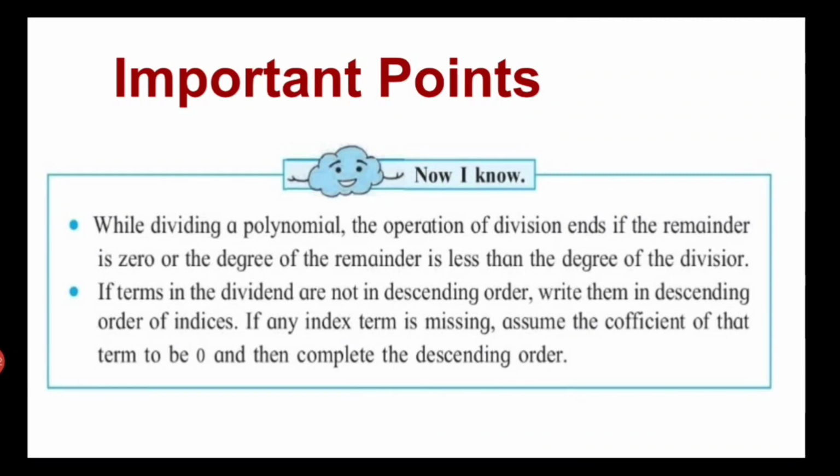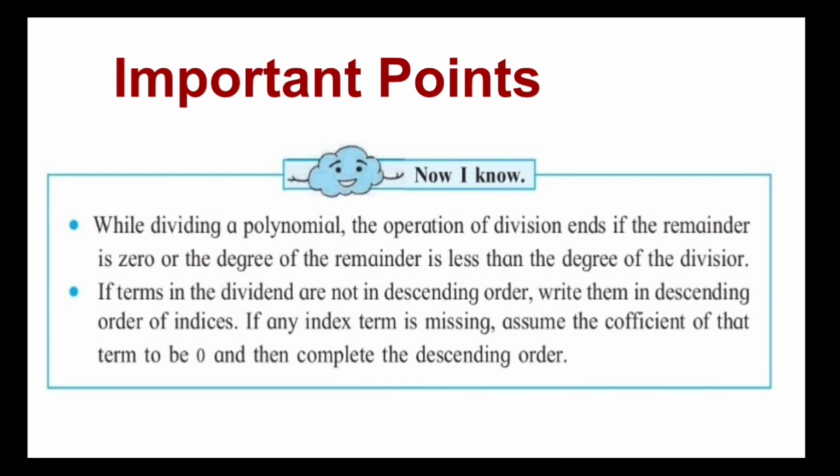So children, after solving the questions from 10.2, I hope you all got to know about these two very important points of division of polynomials, which we have seen in the beginning of this video. While dividing a polynomial, the operation of division ends if the remainder is 0 or the degree of the remainder is less than the degree of the divisor.